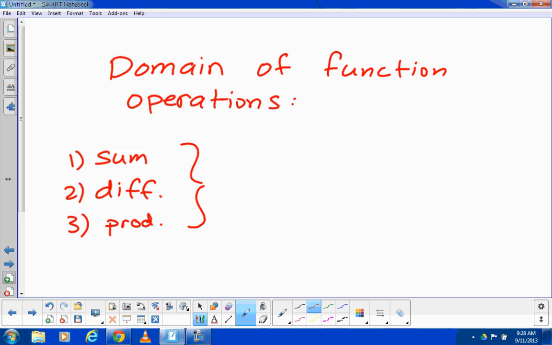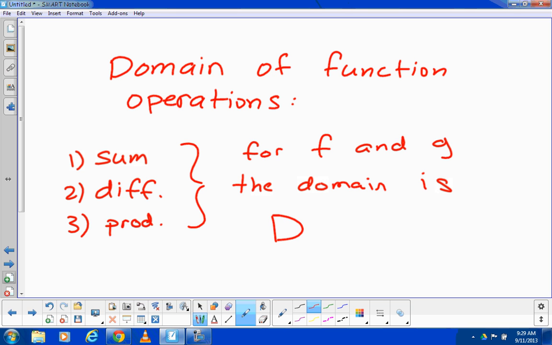Now not the functions. Remember, we're finding the function operations. So let me tell you what the domain of the function operations are now. So for two functions here, let's say for f and g, f and g represent functions. The domain is, and we'll write this kind of slow here. Now, you got to understand my notation.